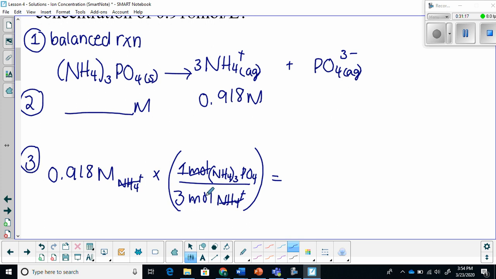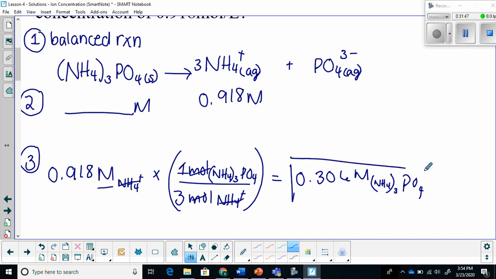Okay, moles cancels out and I'm left with concentration of ammonium phosphate. Perfect. When we plug that in, you're going to get 0.306 moles per liter of ammonium phosphate. Okay, so this here is my final answer. Awesome.